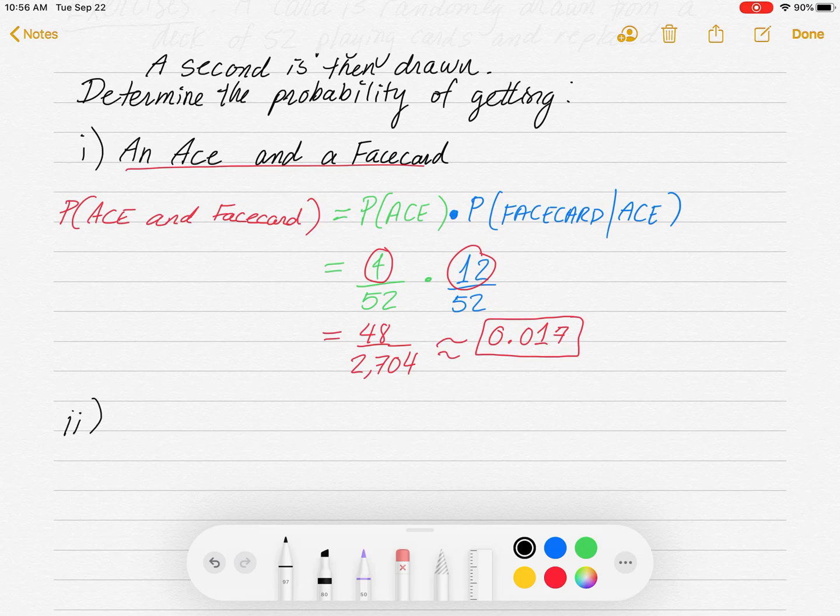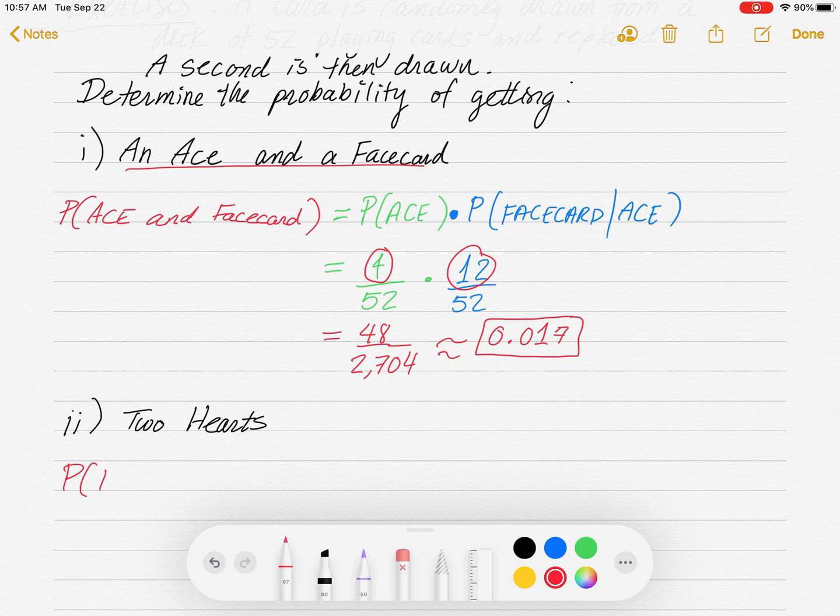So, number 2. Now, we're not going to write them as percentages. We're just going to leave them as decimals. That's pretty much the standard practice. Okay, so we're drawing 2 cards with replacement. What's the probability of getting 2 hearts? So that means a heart and a heart, right?